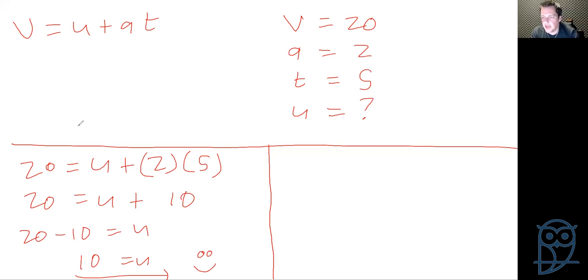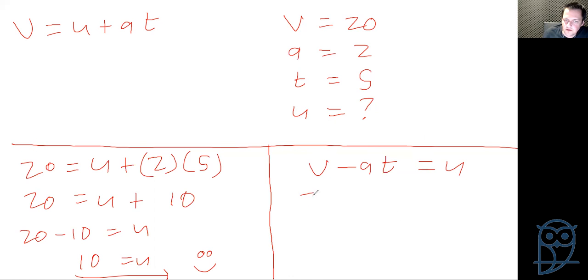Great. That's the way that most of you will probably do it. You sub in the values, and then you can work with numbers far easier than you can work with letters because you're more used to it. Or you could rearrange it first. So I need to make U the subject of the equation. I therefore have V minus AT equals U. This we've already come across from our very first example.